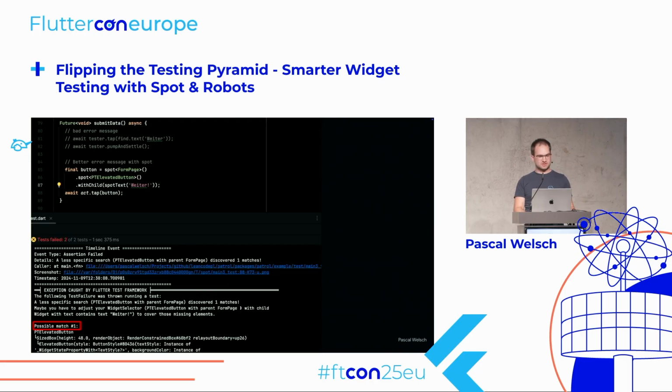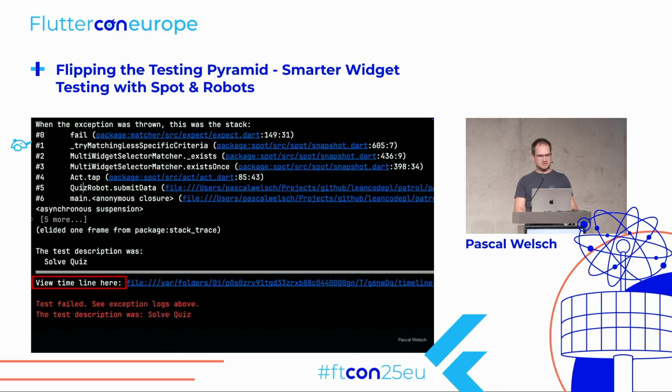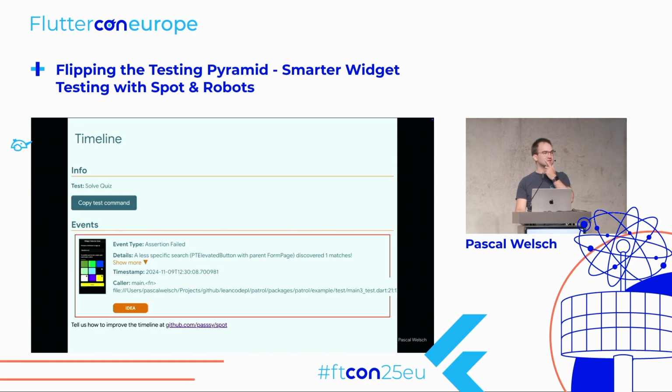Additionally, I told you this before, we have a timeline. So if you now scroll to the very bottom of your test output, you can see view timeline here. And there's a smart link that opens an HTML page, which was generated after the test. It is completely local. And if you open the output, it looks like this.